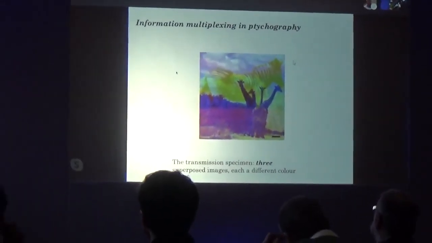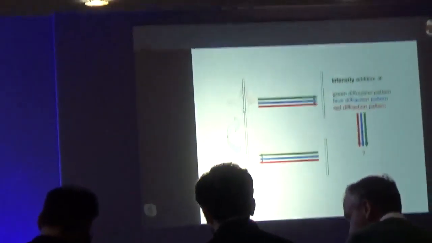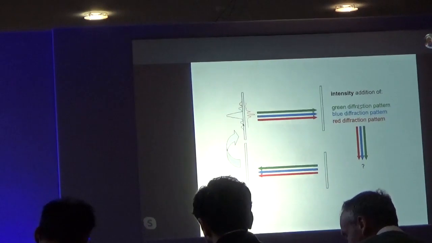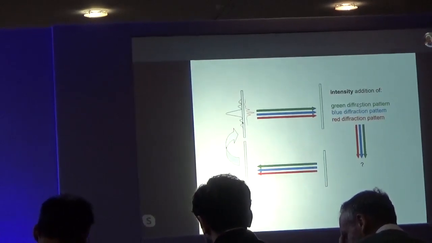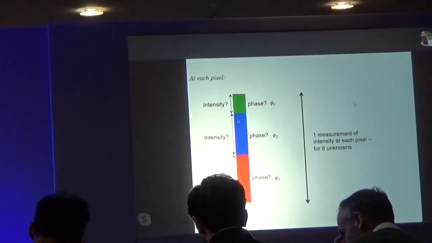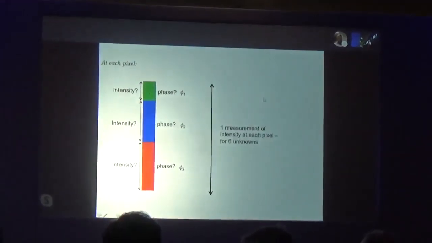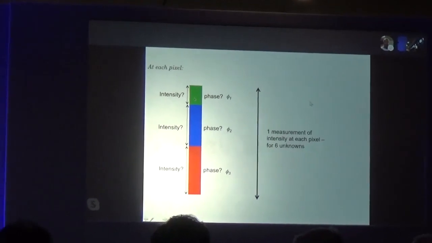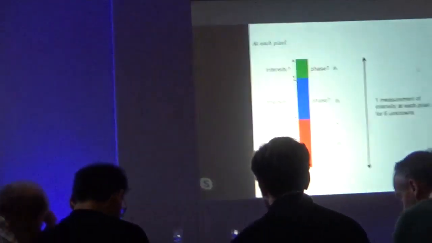And if we then do our reconstruction method, now I don't have time to go into this, but essentially, when we measure an intensity at a pixel, we have one measurement. We know that that is being made up of 3 colours, but we don't know the intensity or these phases.